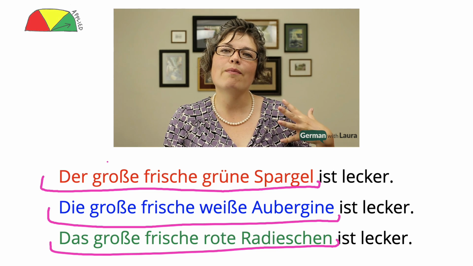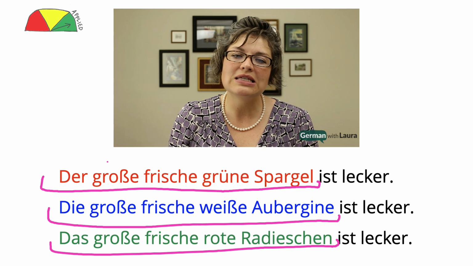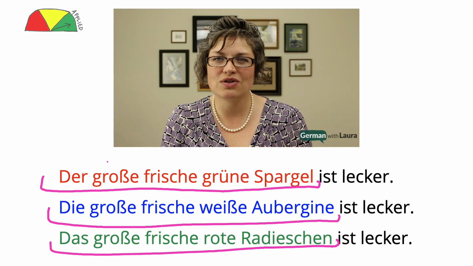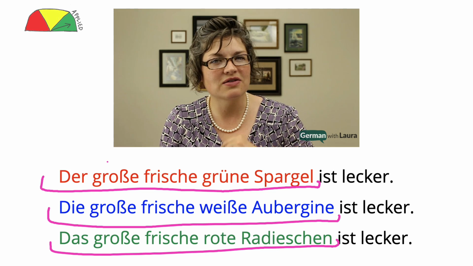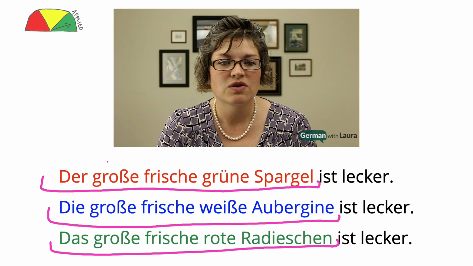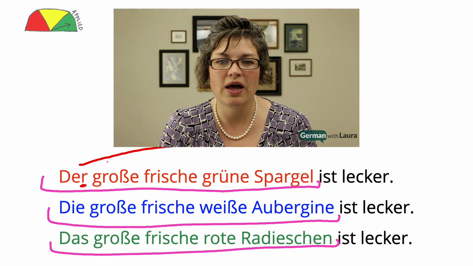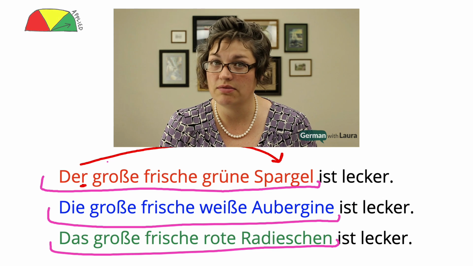We need to take a step back and try to make some observations of things in these nominative slots that are different and things that are the same. So let's start with some of the things that are different. We have this R, right? That's part of the word der, and that's different. It is about Spargel being masculine, right?